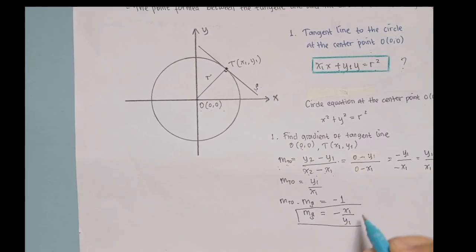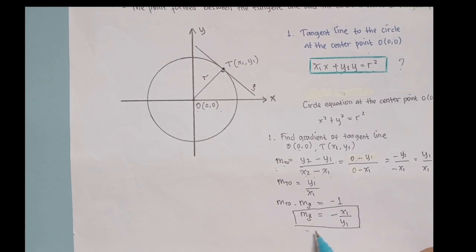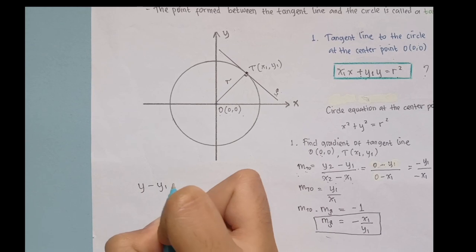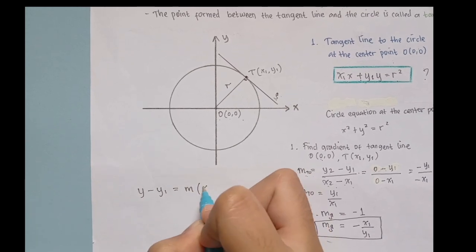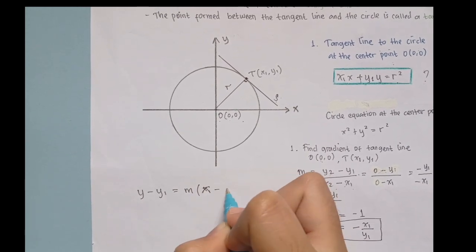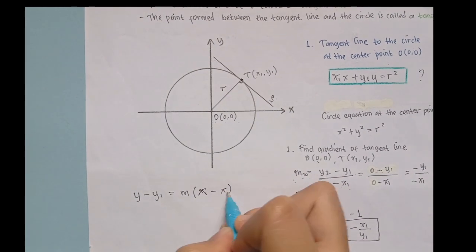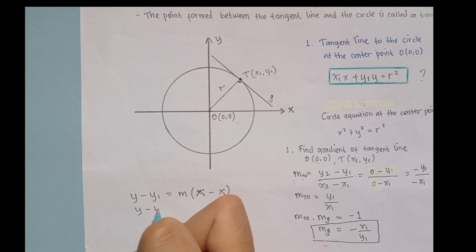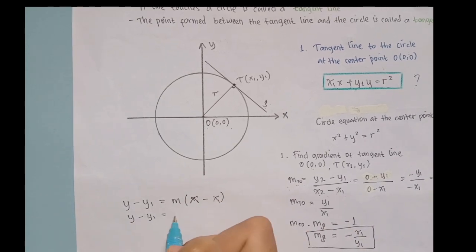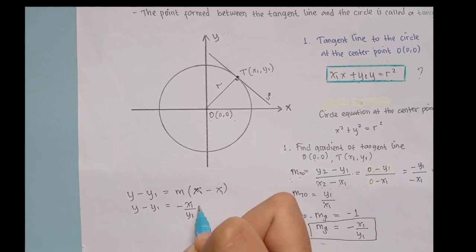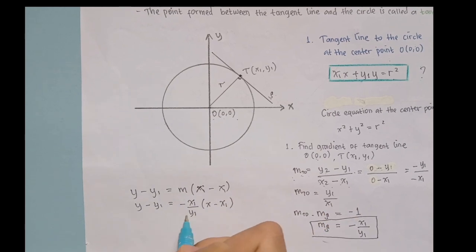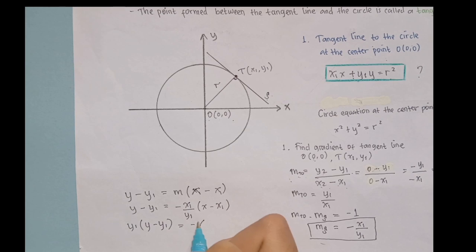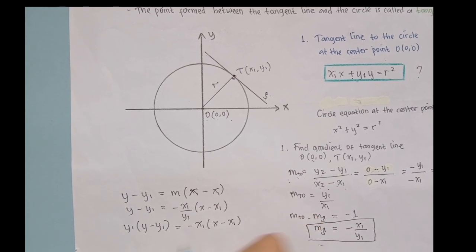We find the gradient, so we can substitute into the equation of a straight line, y minus y1 is equal to m times (x minus x1). So we substitute m as minus x1 over y1: y minus y1 is equal to minus x1 over y1 times (x minus x1).